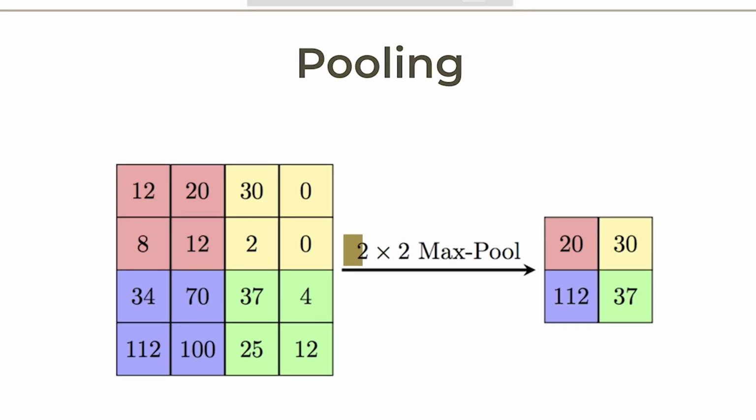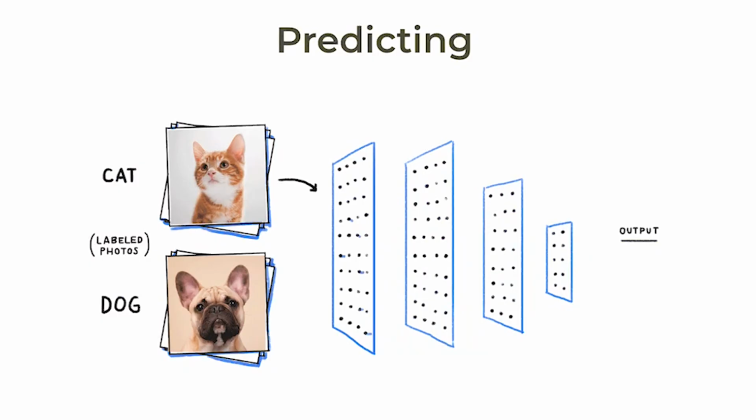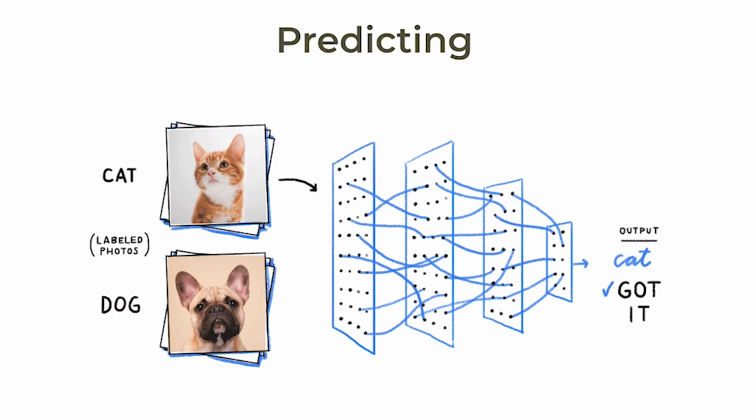For example, in 2x2 max pooling, we would take the highest value of a 2x2 section and put it inside of a smaller grid. Then, the model will feed this data into neural networks, which will do some complex algorithms and output the correct case.